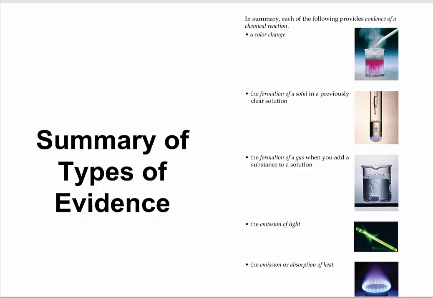Anytime there is a color change, the only reason you would get a color change is if a chemical reaction has occurred. Anytime you mix two solutions together and you get a solid, as you see demonstrated in this picture, that means a chemical reaction has occurred.